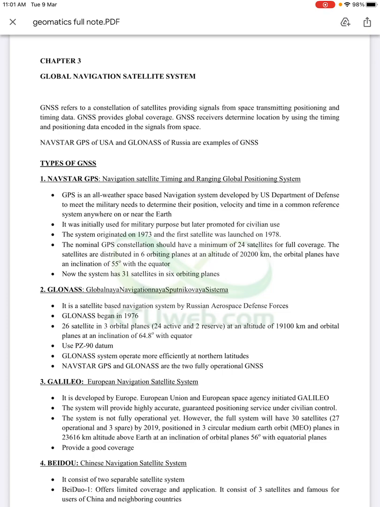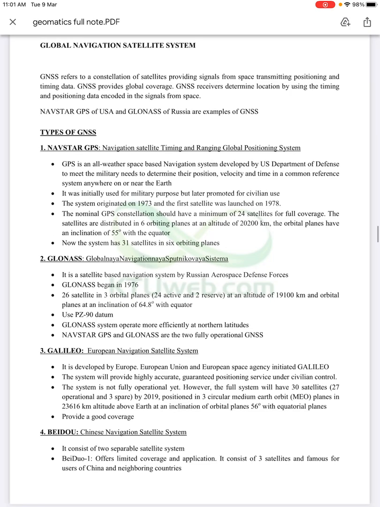So GNSS is a constellation of satellites provided in order to locate objects around the world. Each global navigation satellite system is assigned to a different country. For example, Navstar GPS of the USA and GLONASS of Russia are examples of GNSS.